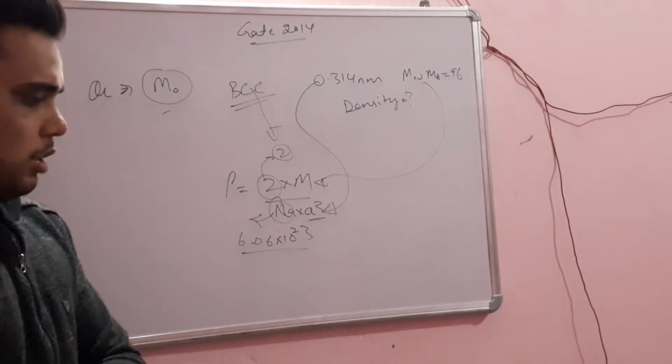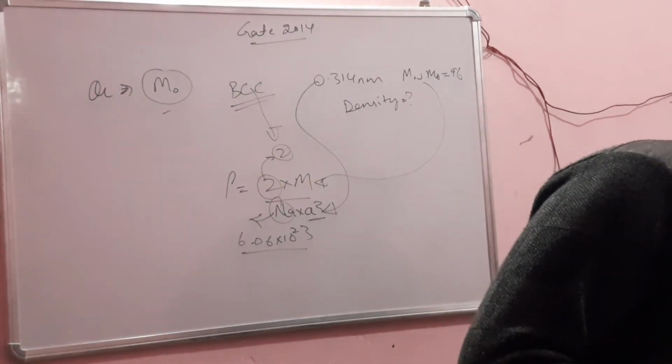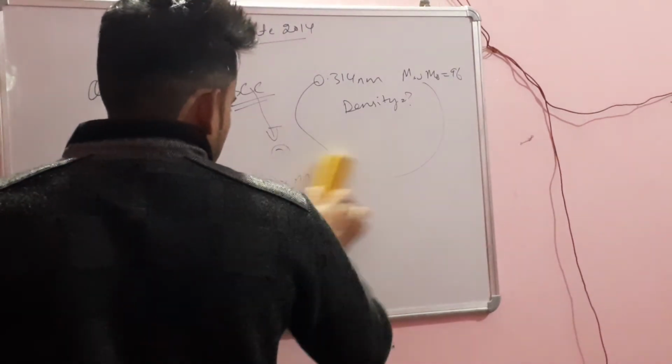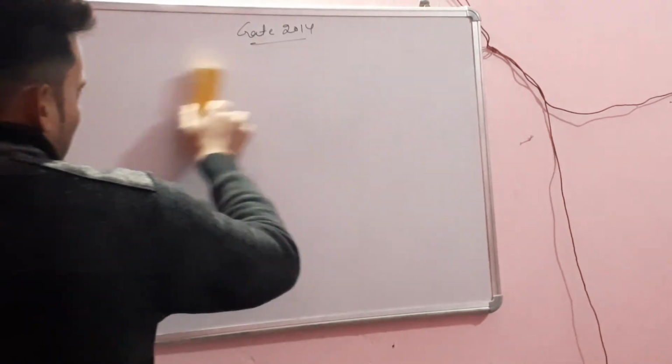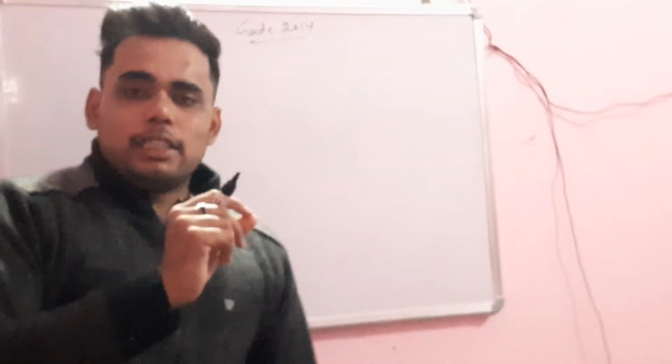The next question is from bioinorganic. You know that magnesium is in the center of the chlorophyll structure. Green plants have chlorophyll in them, and the chlorophyll has a bioinorganic structure with a moiety in which magnesium metal is present.